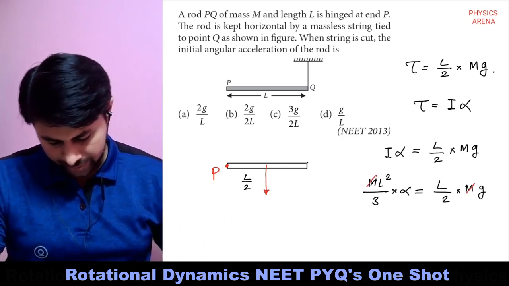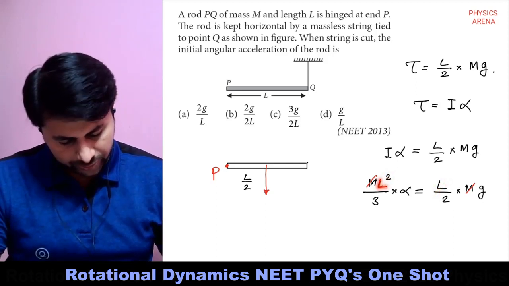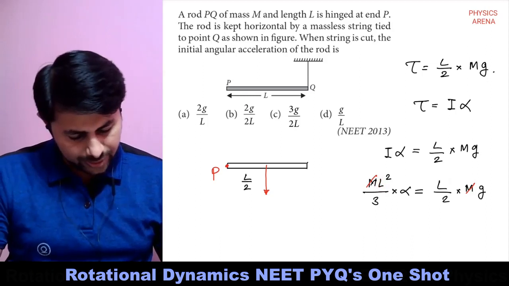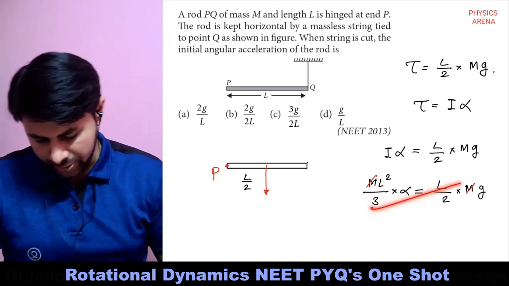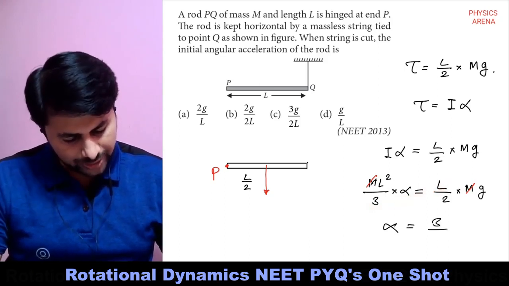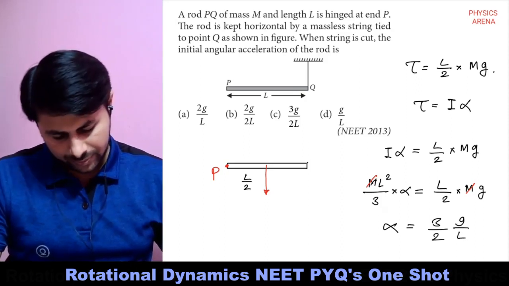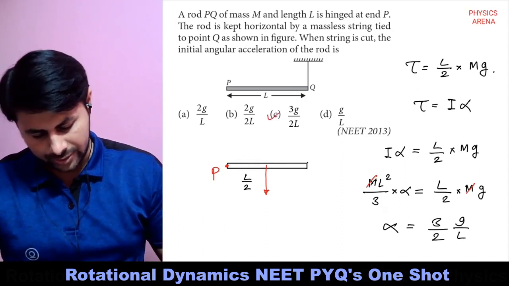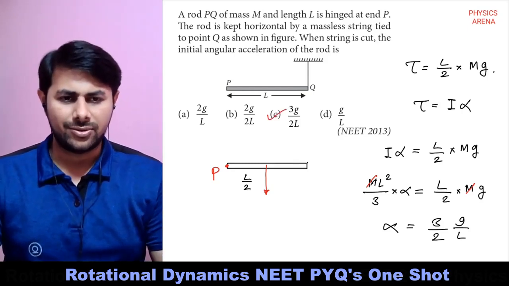L gets cancelled with this one. One L will be left here, and that you can move on the other side. This 3 you can move on the other side. So alpha equals 3 will go to the numerator, 3 by 2 g upon L. Okay, option C is the answer. Right, option C. Very good.